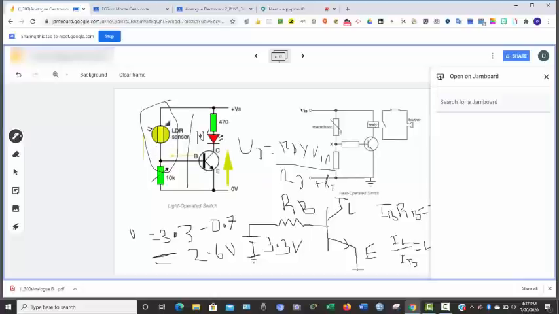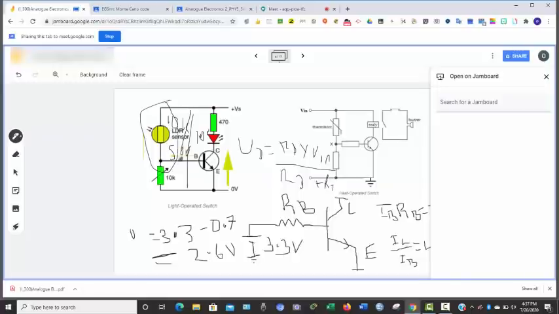Let's assume that if the light is not shining on this, it will give me 10k. And if the light is shining on it, it will be maybe just 500 ohms. You will know that will vary the voltage across this point.